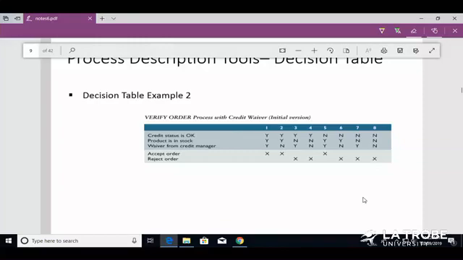All right, so 1 and 2, are they sharing the same outcome? Yes? All right. So the same outcome, which is accept order. Look at the conditions. The first one is yes, the second rule is yes. For the two rules, the two columns, the first condition is yes, right?